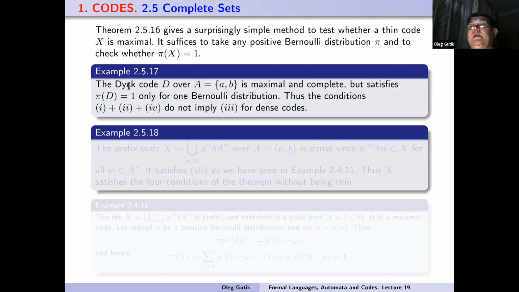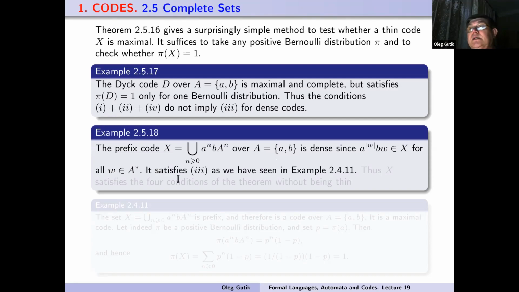So, example: the prefix code X, the union of the products a to the power n, b times A to the power n, where n is any positive integer, over our alphabet A which consists of 2 elements a and b, is dense because a to the power of the length of the word w, times b, times w, belongs to X for all w from the free monoid A*.